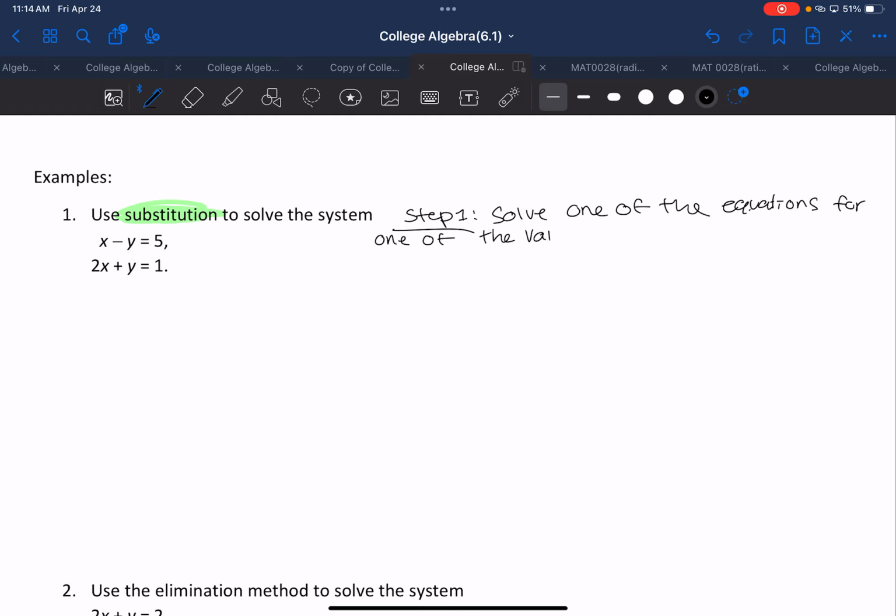It doesn't matter which equation you choose, and it doesn't matter which variable you solve for. You have that choice. You can pick whatever you want. I'm going to choose to solve the first equation here for x, because it's really easy just to add y to both sides. So I'm rewriting equation 1 here, and I'm just going to add y to both sides. That gives me x by itself, and then x is equal to y plus 5, or 5 plus y, however you want to write it, doesn't matter.